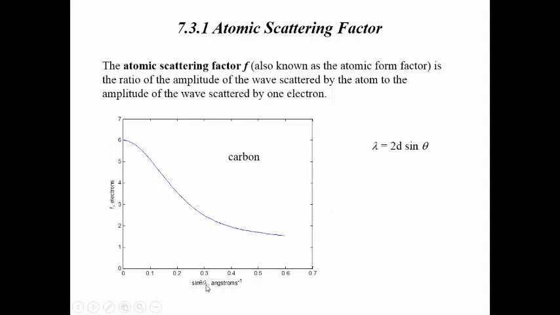And why do we have sine theta over lambda? Well, let's go back to Bragg's equation. Bragg's equation is n lambda equals 2d sine theta. We'll have n equal 1, and we can solve this for 1 over 2d. So we bring the 1 over 2d here, and we get sine theta over lambda on the left. Now, the 1 over 2d on the right has to do with the specific crystal, and there will be isolated d spacings.